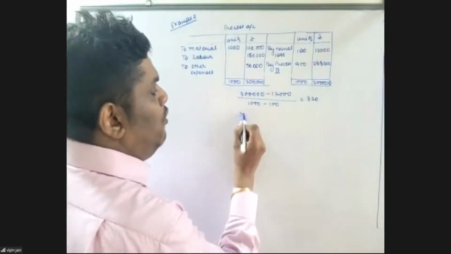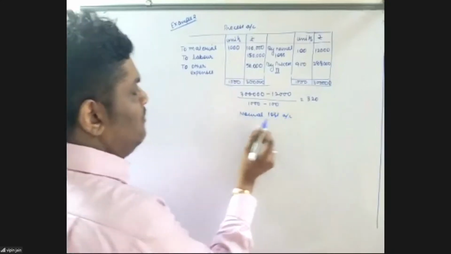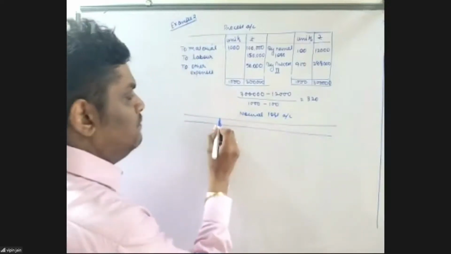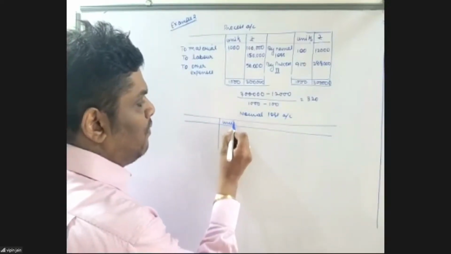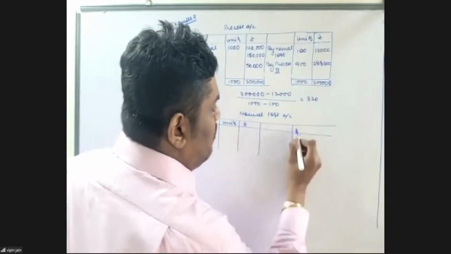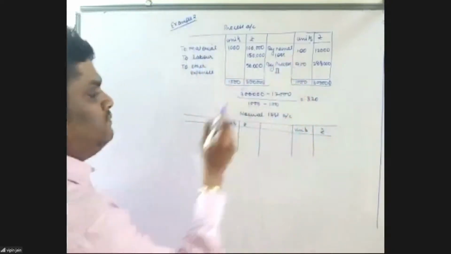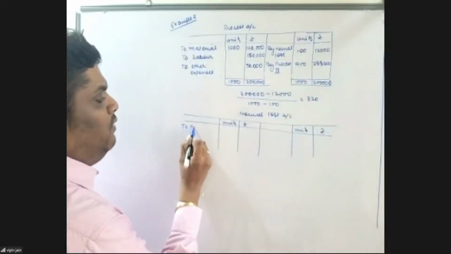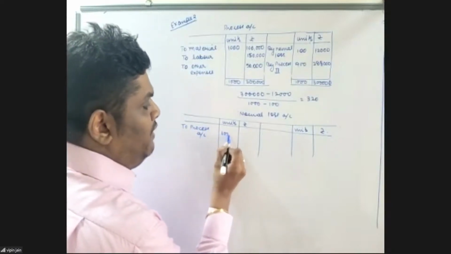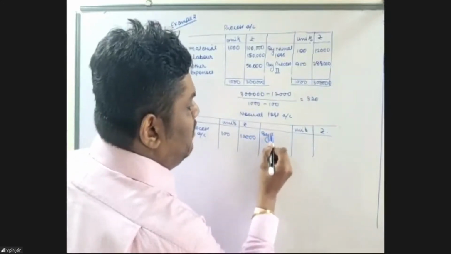When talking about how normal loss account is prepared, to process account, 100 units are sold for 12,000 by bank.